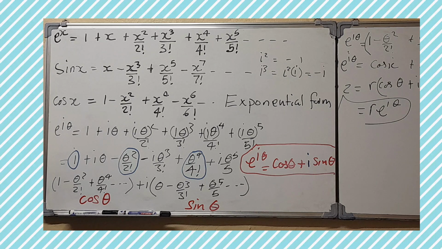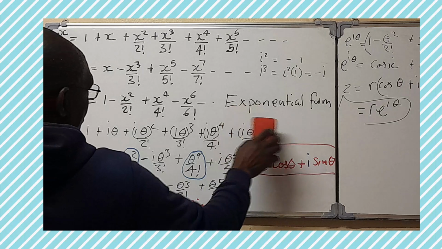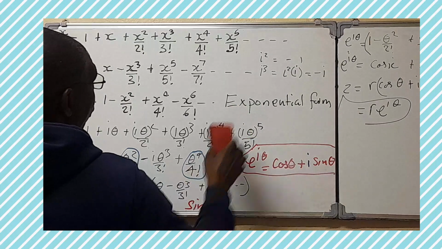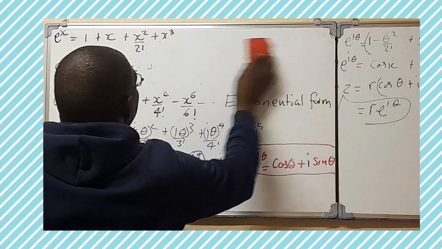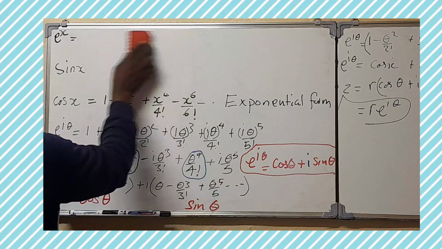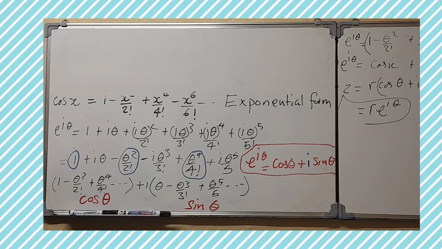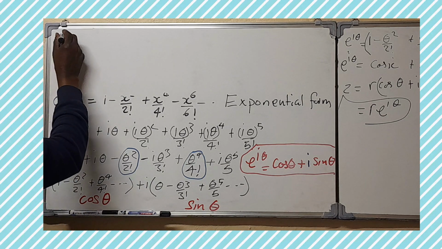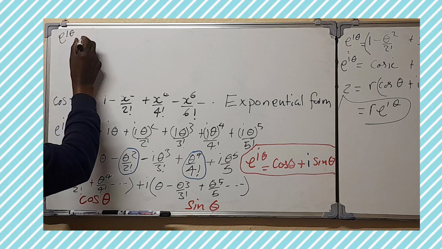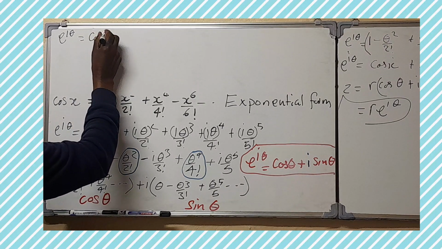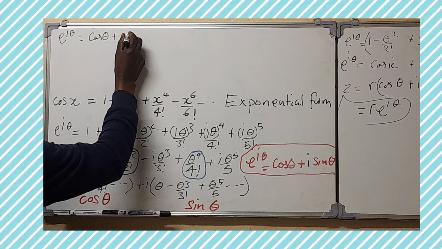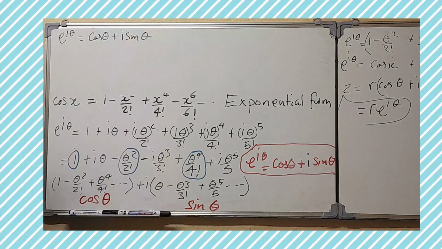Okay, so I'm going to clear the top of the board because we just want to continue a little bit further with this to get to our final destination, which is to express a complex number in exponential form. So let's get rid of all this here. What we have now, first of all, we found that e raised to the power i theta is equal to cosine of theta plus i sine of theta.